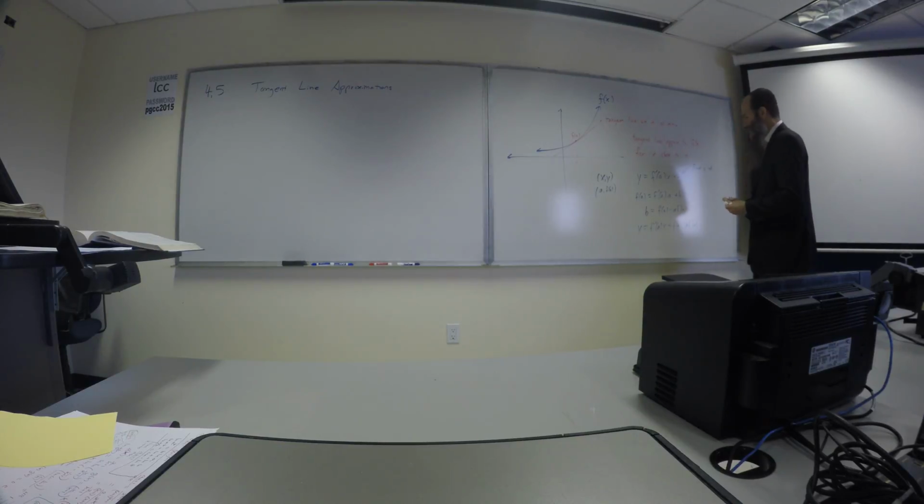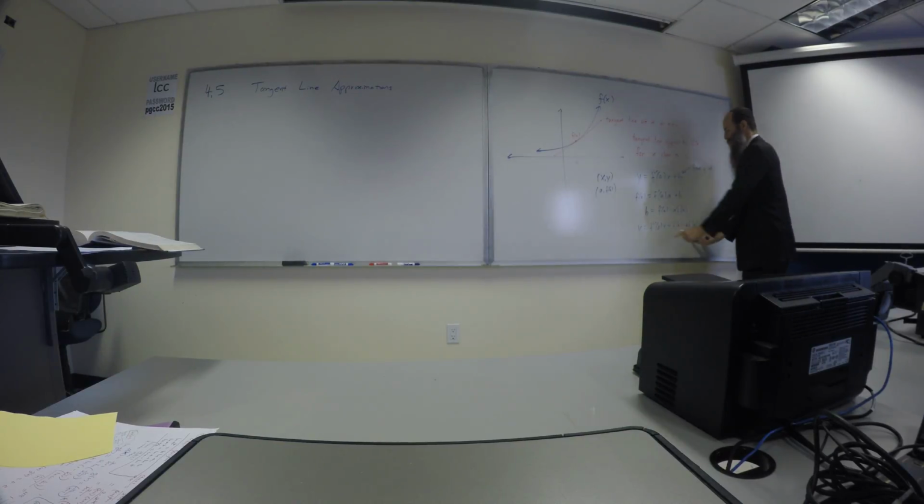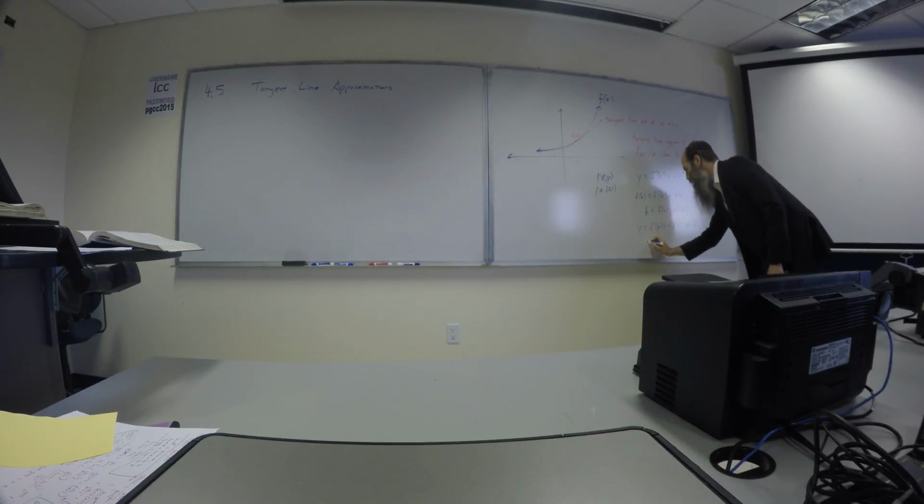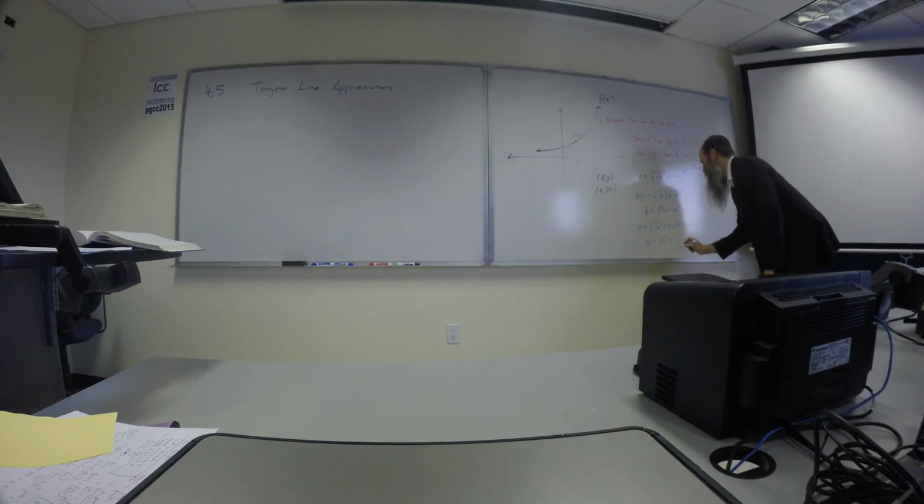There's our tangent line. Now we can group together these two pieces since they both have f prime a attached to them. To write it more concisely, we'll factor that off. We'll write it as y equals f of a plus f prime at a times x minus a.